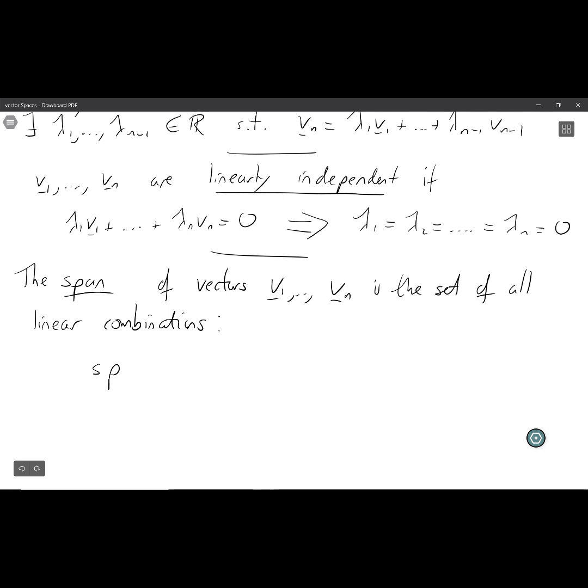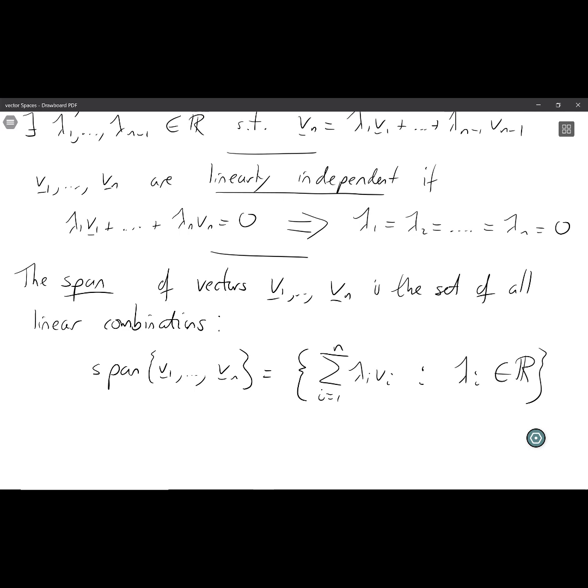So we say the span of v1 up to vn is the set of vectors that is the sum of lambda i vi, and we're going to sum from i equals 1 up to n, such that the lambda i's are real numbers. Okay, so we multiply all the vectors by a number and then add them up.